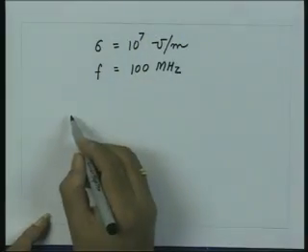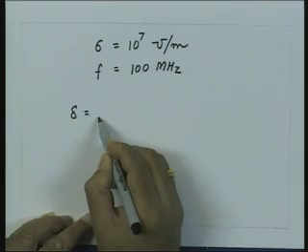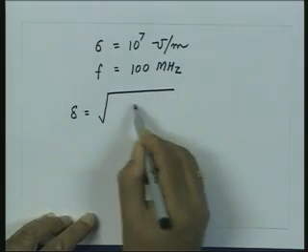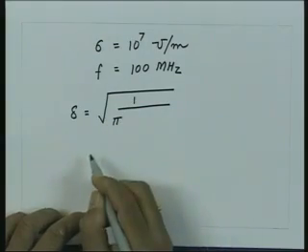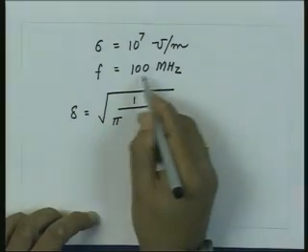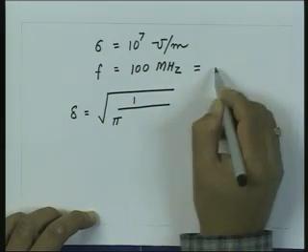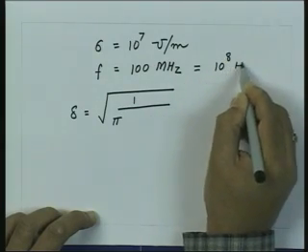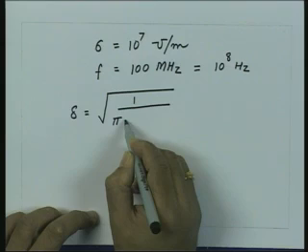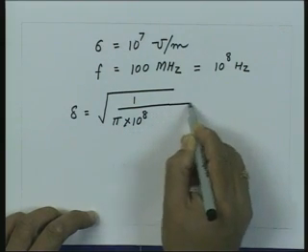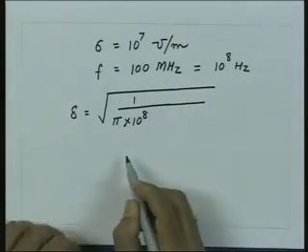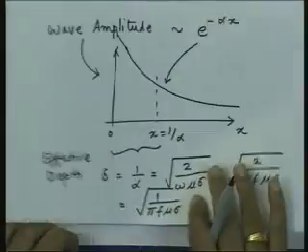Now, from here if I substitute for this effective depth, delta is equal to the square root of 1 upon pi into frequency, which is 100 megahertz, so 10 to the power 8 hertz, into mu.